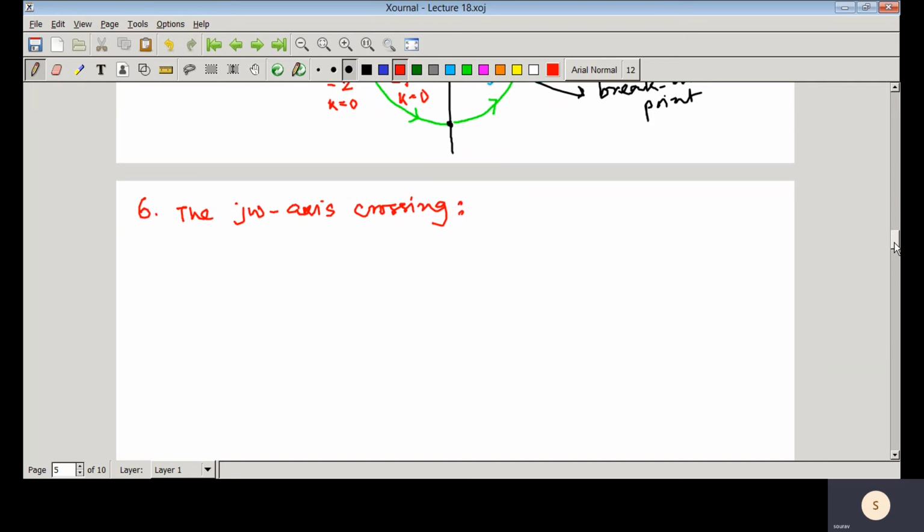For finding the j omega axis crossing, we need to apply the Routh-Hurwitz criterion, and from the Routh table we will be able to find the value of K and the point at which they cross the imaginary axis.